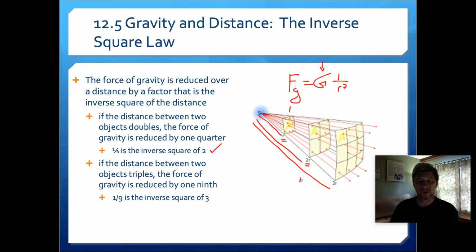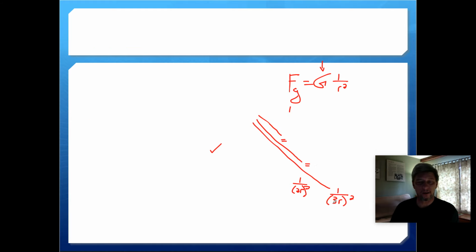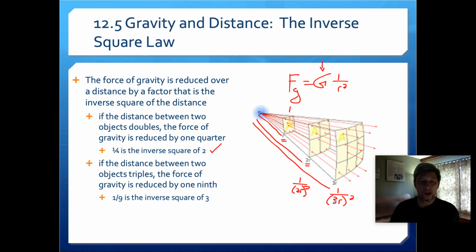This is 1 over 2r squared, and this is 1 over 3r squared. And what I get here is 9r squared. And so 1 over the 9 is 1/9, and that is the inverse square of 3.